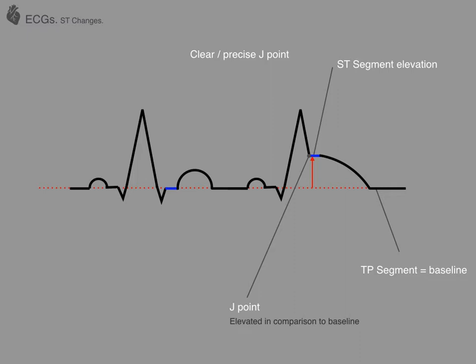Specifically, we look for the J point, which is that junction between the end of the QRS and the beginning of the ST segment, and look to see whether that is elevated in comparison to the baseline. In this example I've put together here, there's a very clear J point where the R wave ends and becomes horizontal, moving into an ST segment which is elevated above that TP segment, which is acting as the baseline.